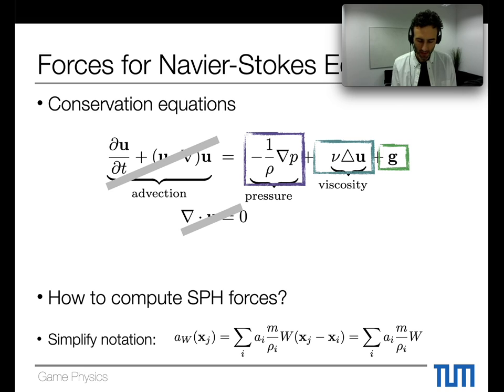In the following, we'll actually write A of xj as the sum over all the contributions times the weight of the kernel. So we leave out this distance part because that's actually common to all the kernel evaluations. What typically matters is how we evaluate the different contributions here.